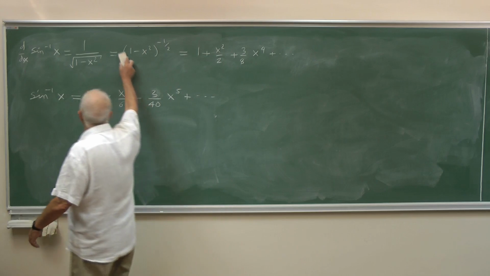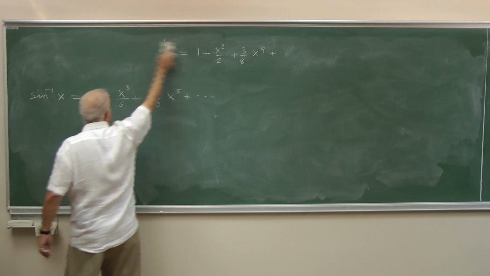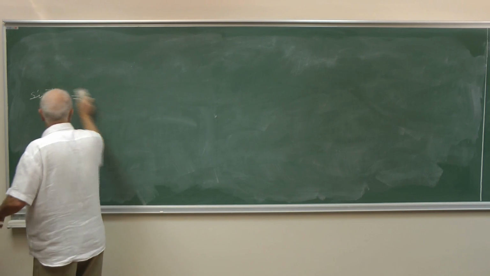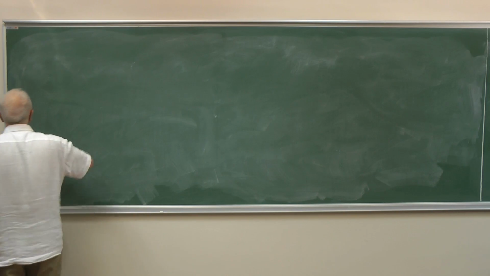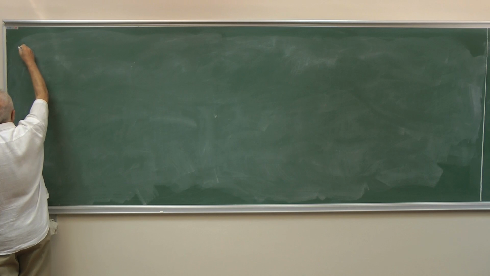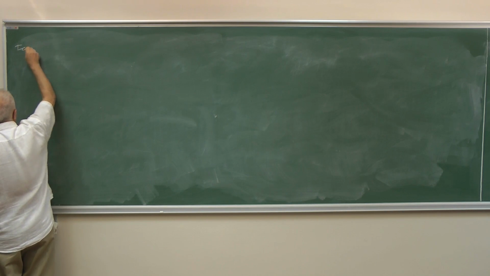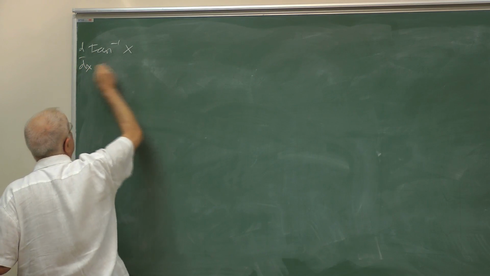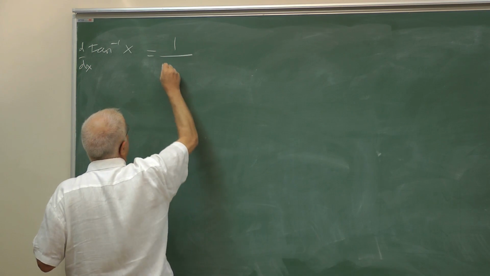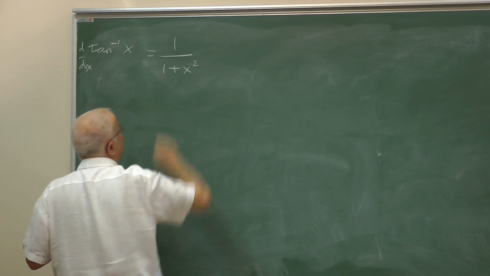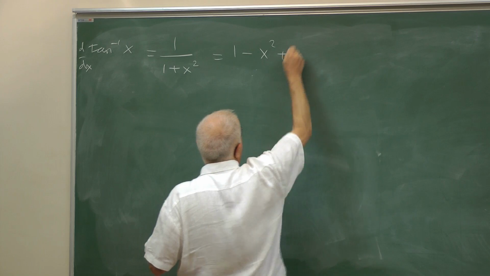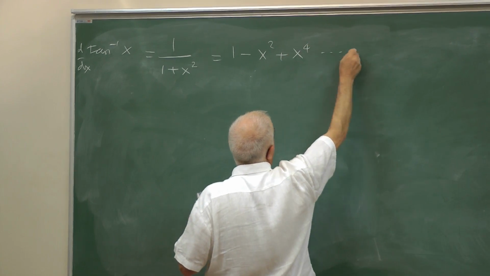Inverse tangent: its derivative is 1 over 1 plus x squared, which is 1 minus x squared plus x to the 4th.